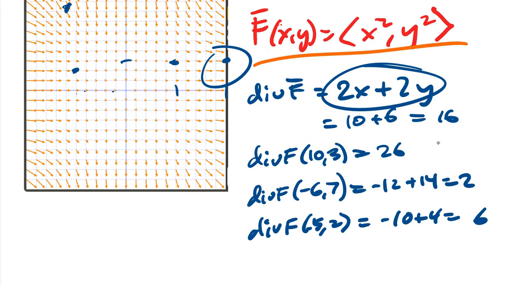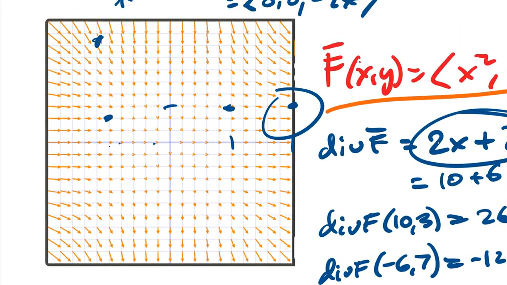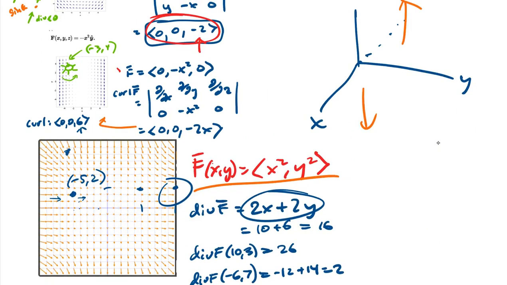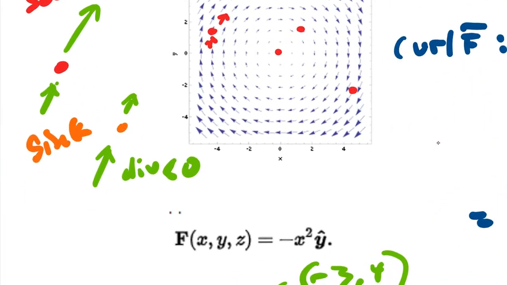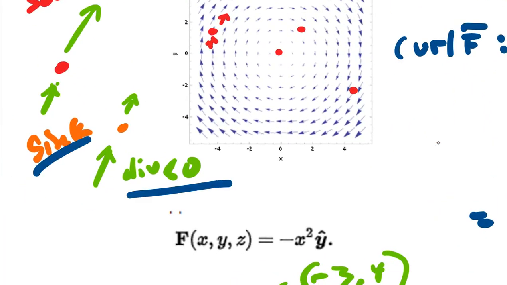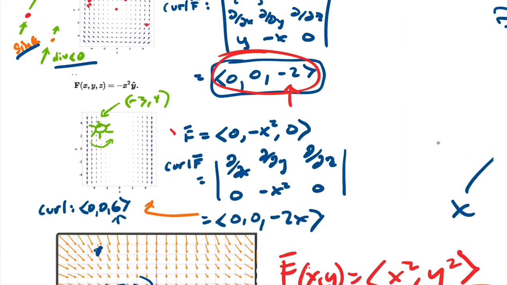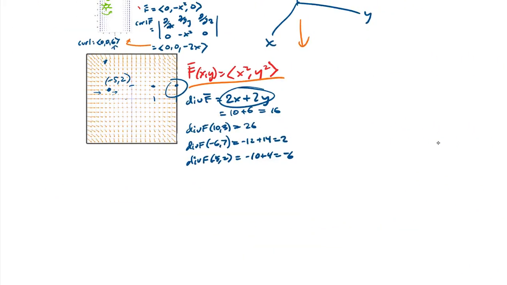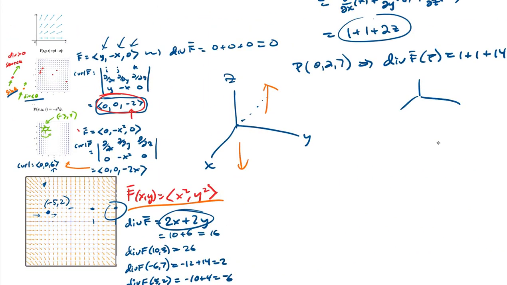So what happens there is that this is now a sink at this point here. It's a sink because the vectors going into it from the left are bigger than the vectors coming out of it. So once again, if the divergence is less than 0, we have a sink. All right, that's easy enough to see if you get it.